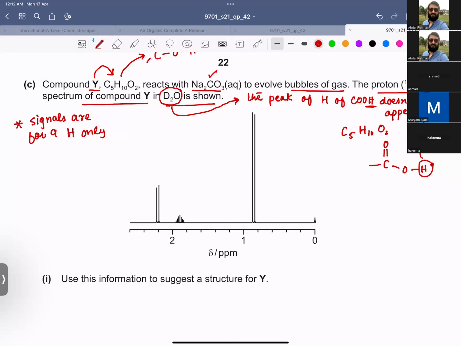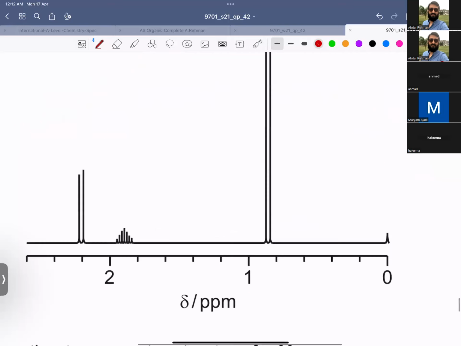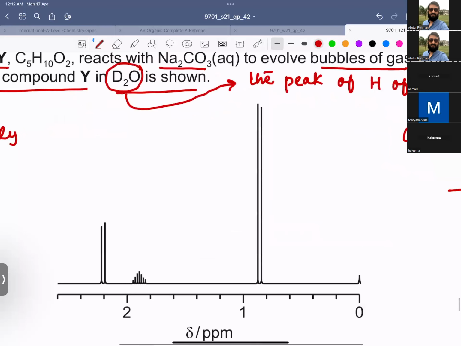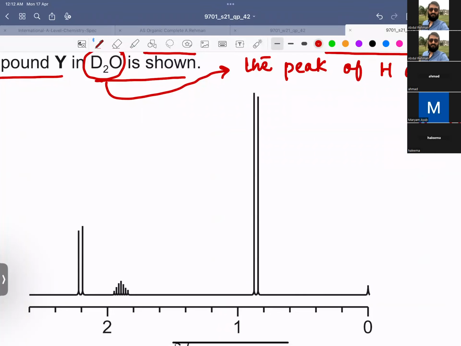What they are saying: use this information to suggest the structure of Y. Now have a look over here. If I look at this signal, this signal is a doublet, right?